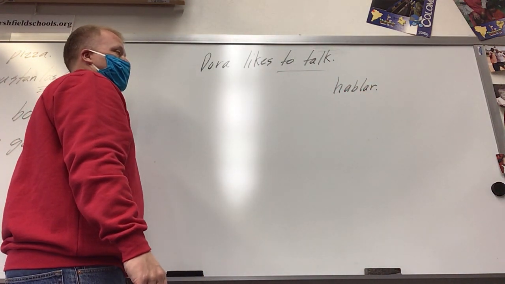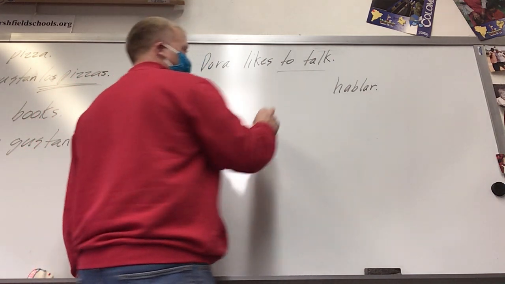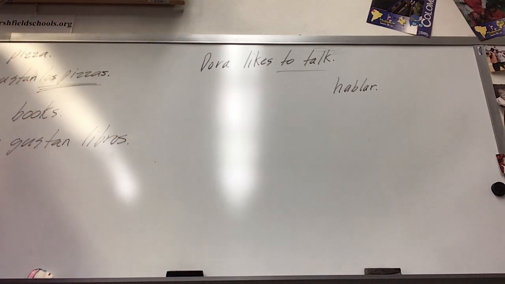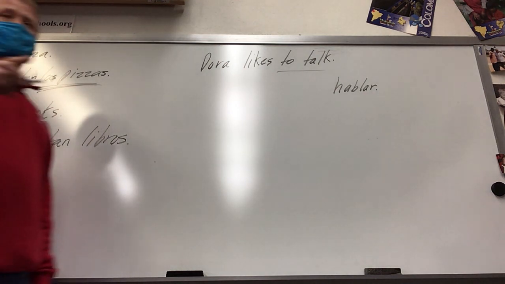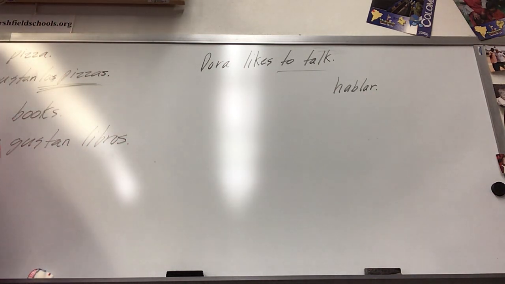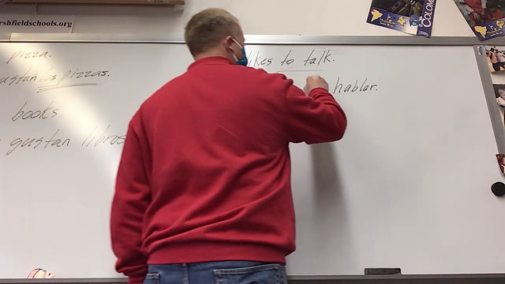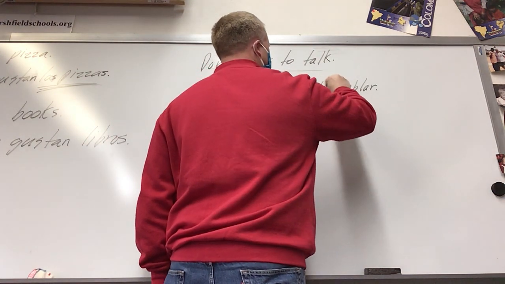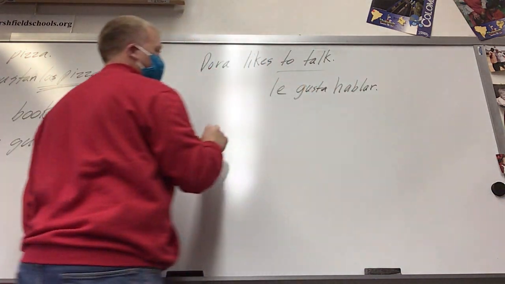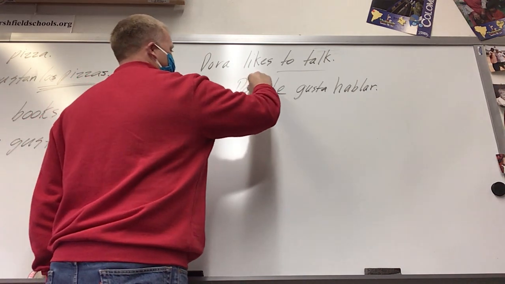What's the likes part? We're going to use me, te, le, nos, os, or les with Dora. It would be the concept, right? So what's our gustar? Le gusta. Who's liking it? Dora.